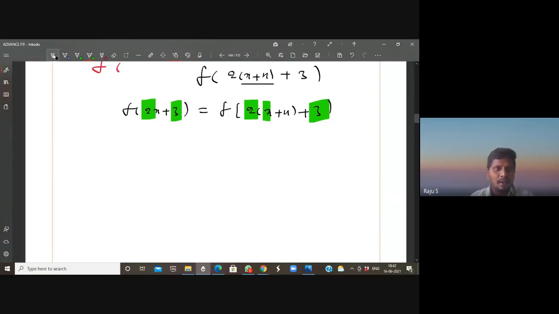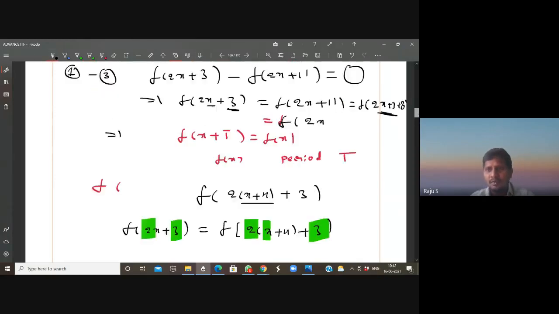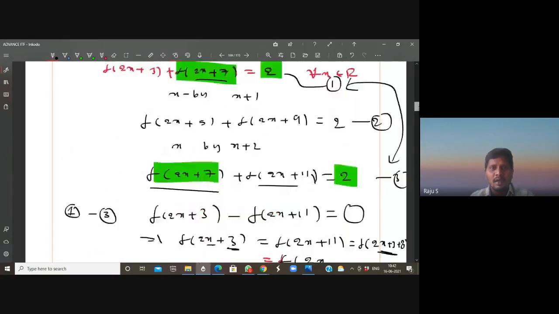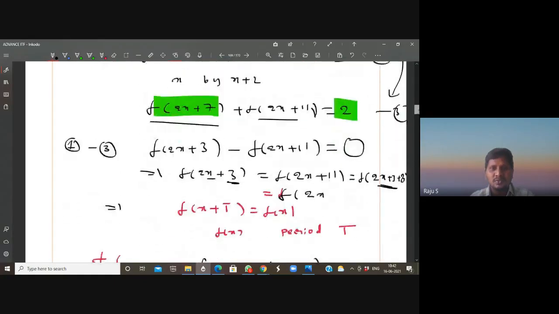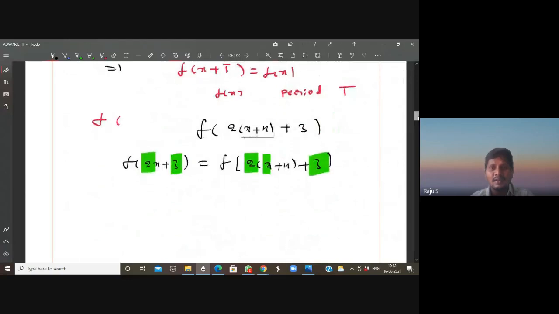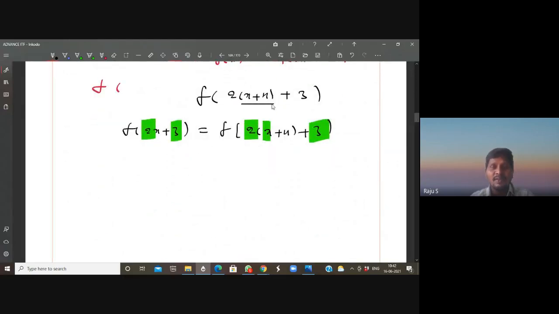4 is the period. Next, because you know what we replaced here? x plus 1, x plus 2, x plus 3, then x plus 4. When you replace x plus 4, again you are going to get the given function. So here 4 is the period, 4 is the periodic function, right?